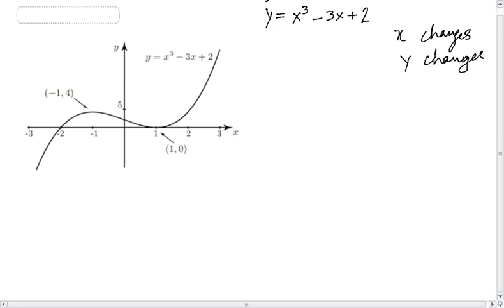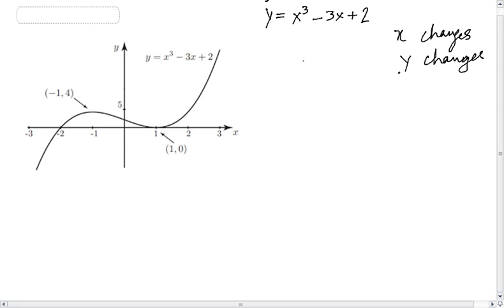So y is the dependent variable here, and in the left hand side figure you can see this function has been plotted. As x is changing, we have the curve.